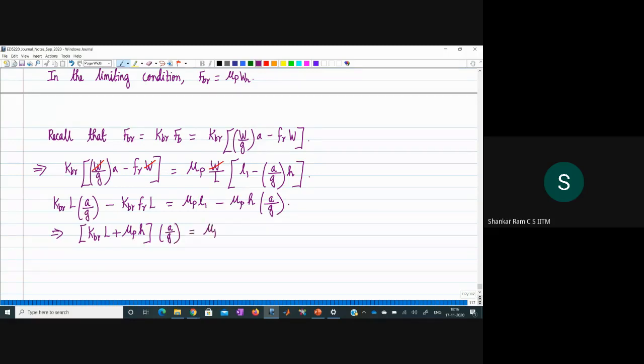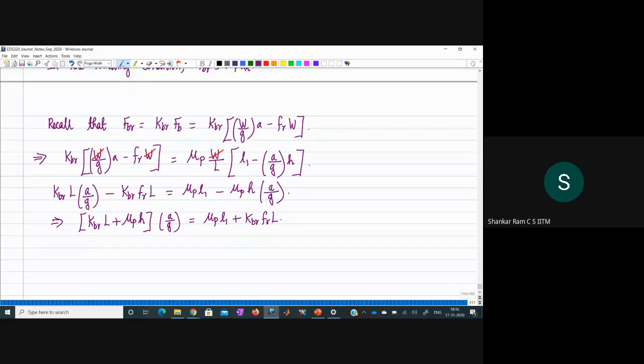This gives us (KBR L plus mu P H) multiplied by A by g, equal to mu P L1 plus KBR FRL. So if we cross multiply, A by g subscript R is equal to (mu P L1 plus KBR FRL) divided by (KBR L plus mu P H). This is the final expression.